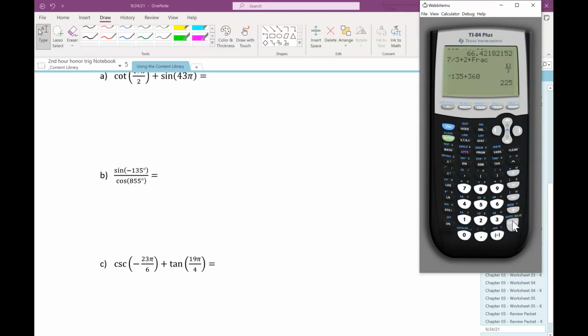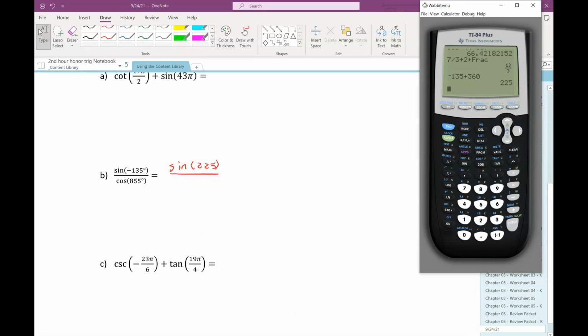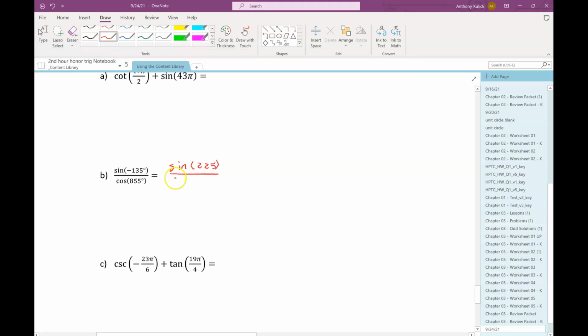So negative 135 is the same thing as positive 225, just by adding 360. And 855, if I subtract 360 once, I still don't get a unit circle value. So I'll do it a second time. So that's going to be cosine of 135.